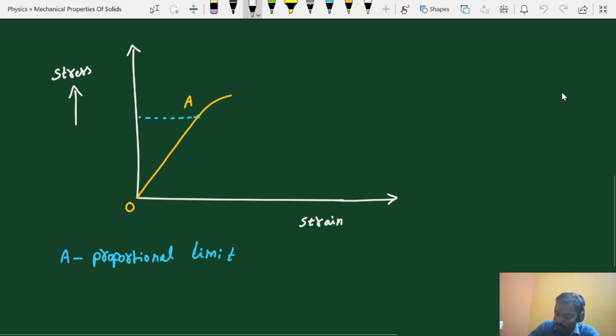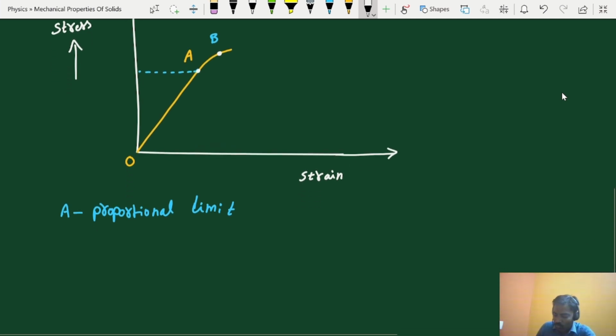Up to point B, what we can say is between A to B, stress is not directly proportional to strain, but what we can expect here is when you remove the load between A to B, the body regains its original shape and size.